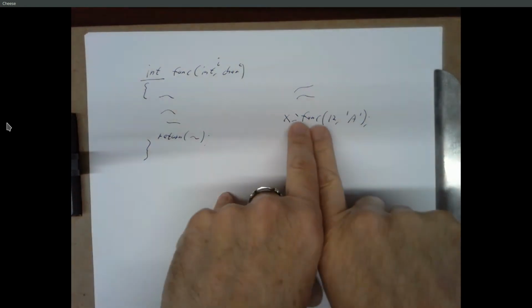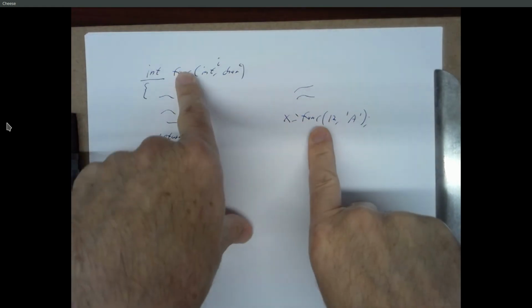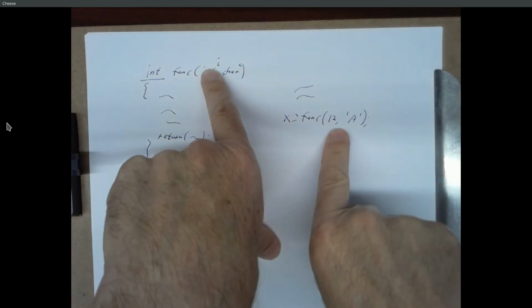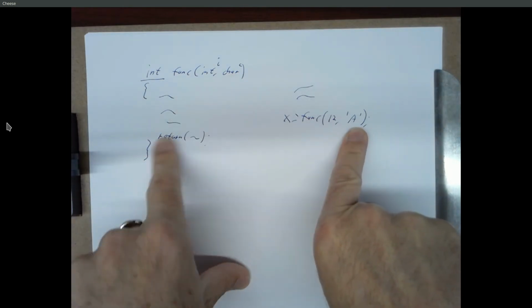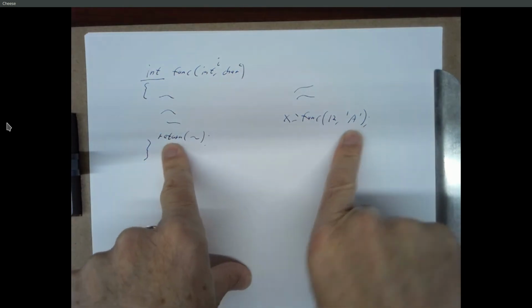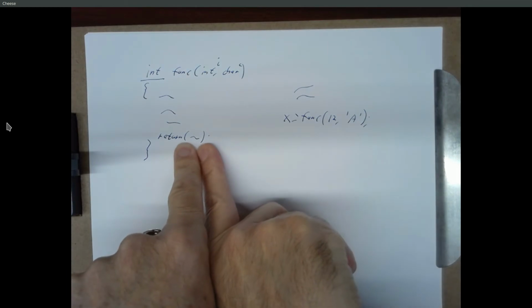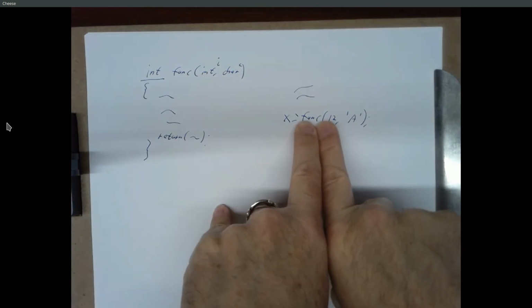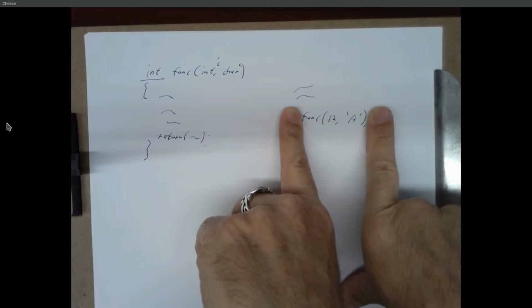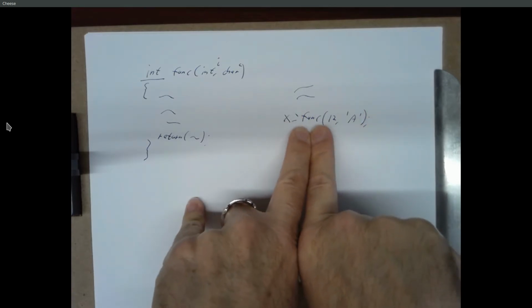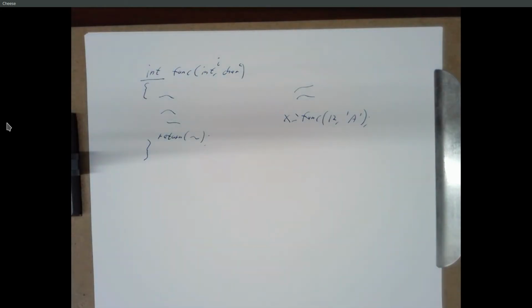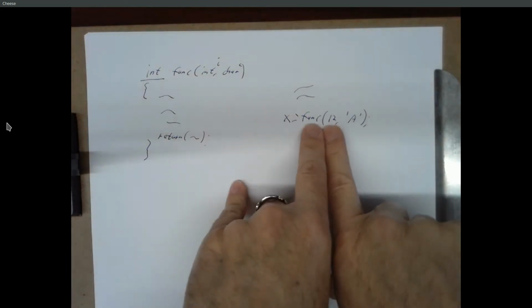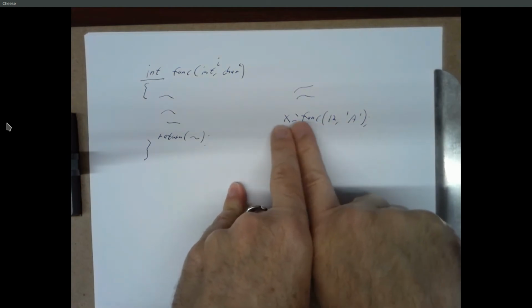So I call the function and this code starts to execute. i is set equal to 12, c is set equal to the letter A. At some point a return statement executes. If that returns, say, the number 7, then when I come back here, this function call is treated as equal to the value 7, and this says set x equal to 7. So you send things into a function, return something from it, and then you can use that return value.